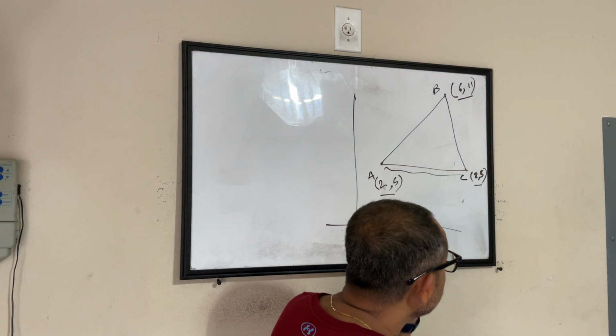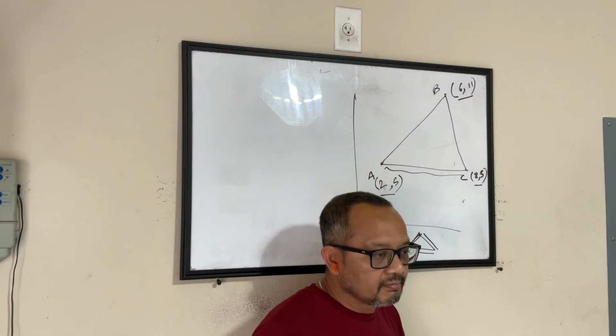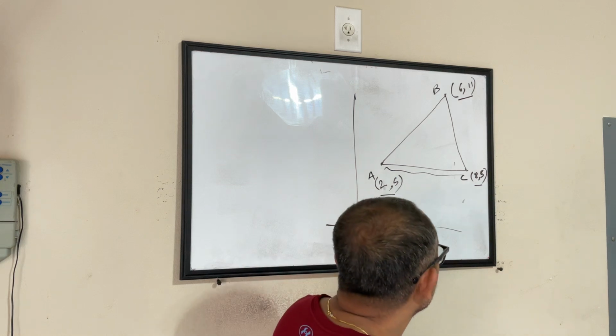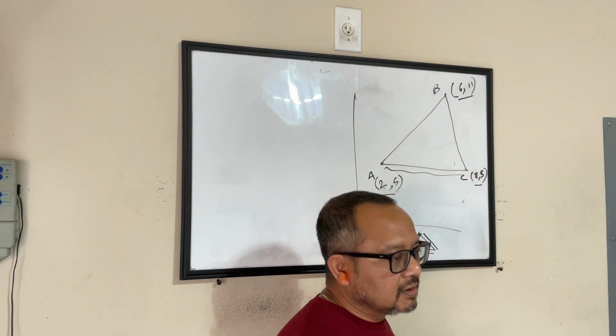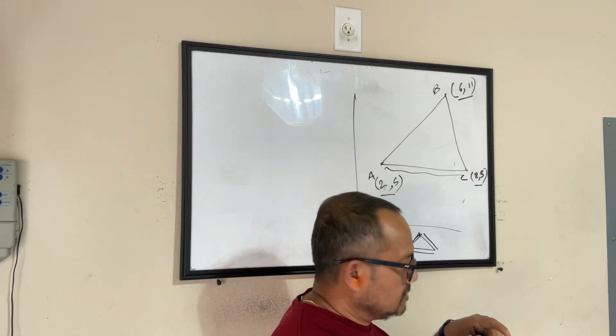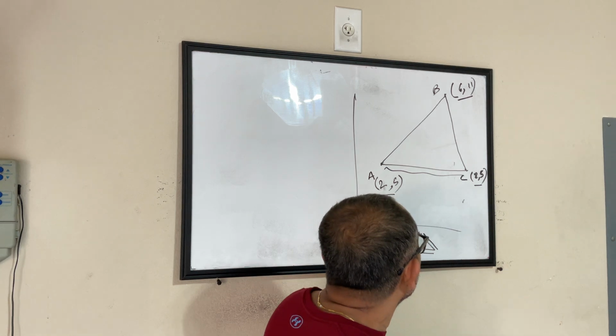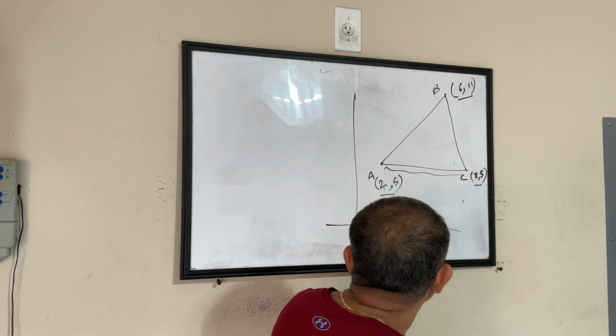From what? 5 from 11, and then you get 6, and then 6 times 6 is 36, and then 36 divided by 2, and that's 18.